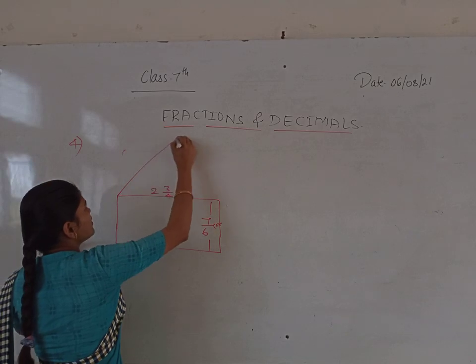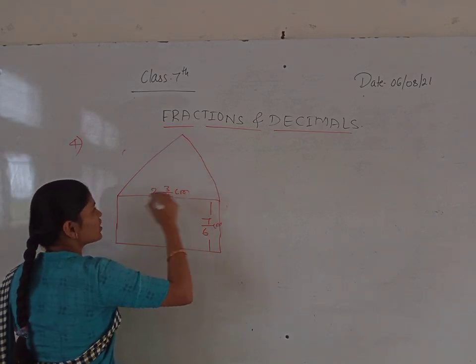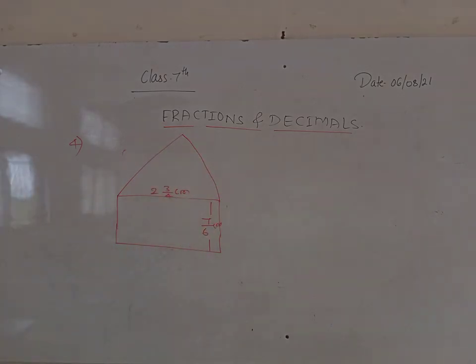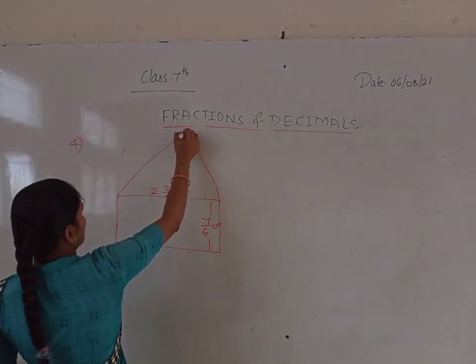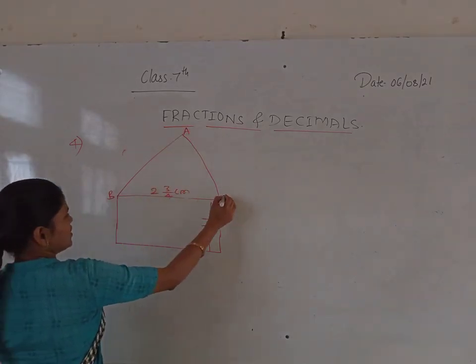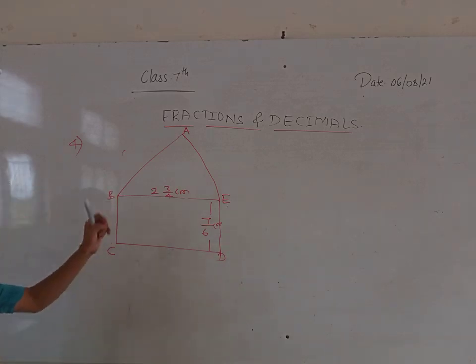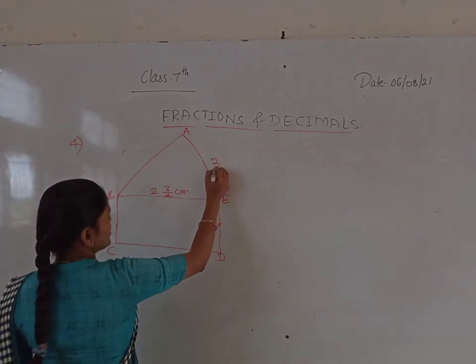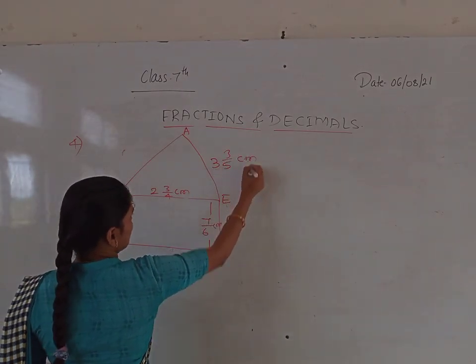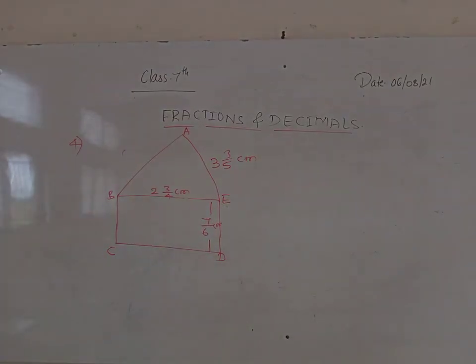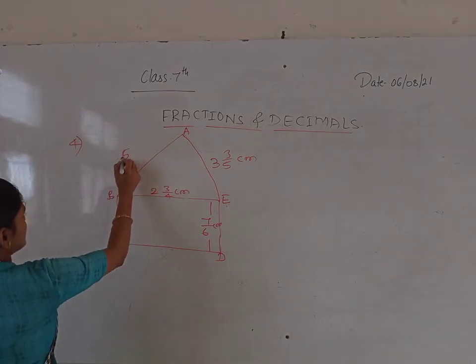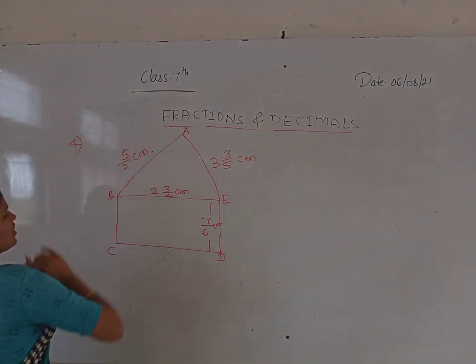Then on this rectangle there is a triangle named ABE. The sides of the triangle are 3 integer 3 by 5 centimeter and 5 by 2 centimeter.